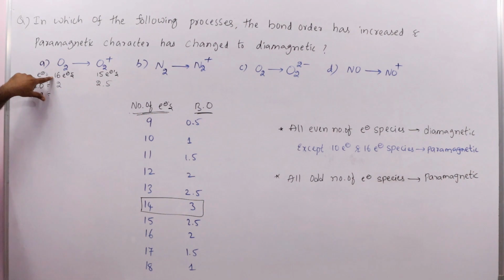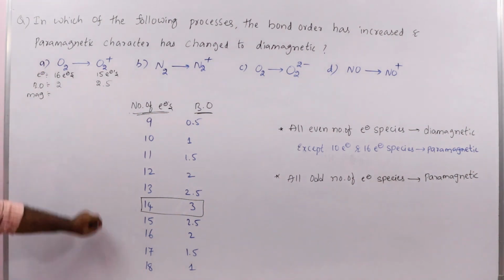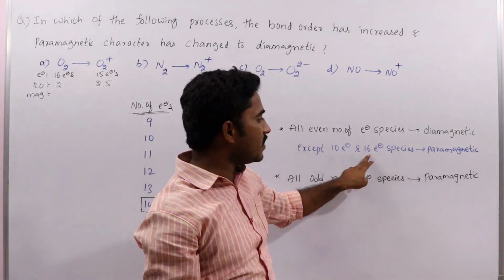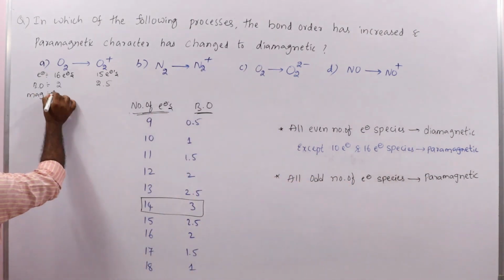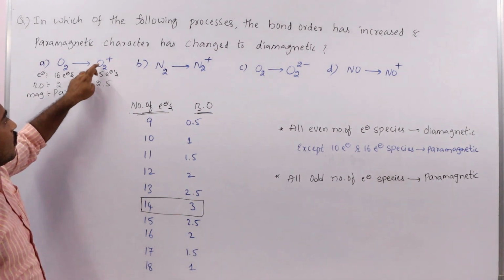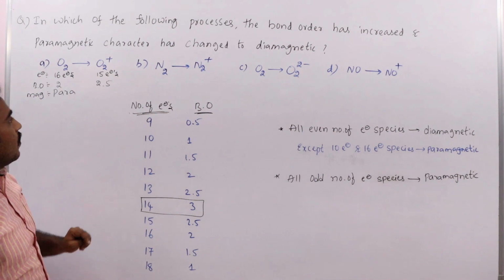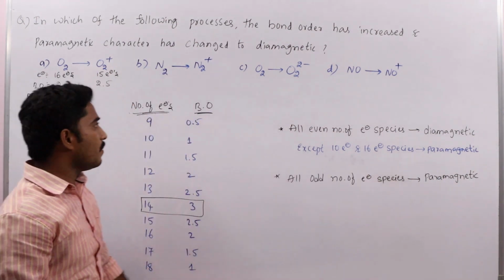With an even number of electrons, species are diamagnetic, but the exception is the 16 electron species, which is paramagnetic. That's why this is paramagnetic. O2 plus has 15 electrons, bond order 2.5. With an odd number of electrons, all species are paramagnetic.